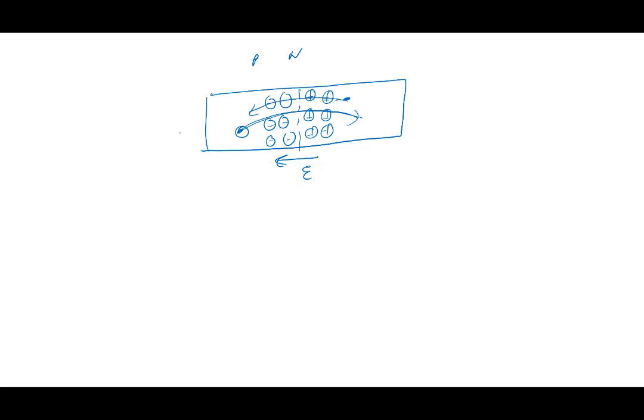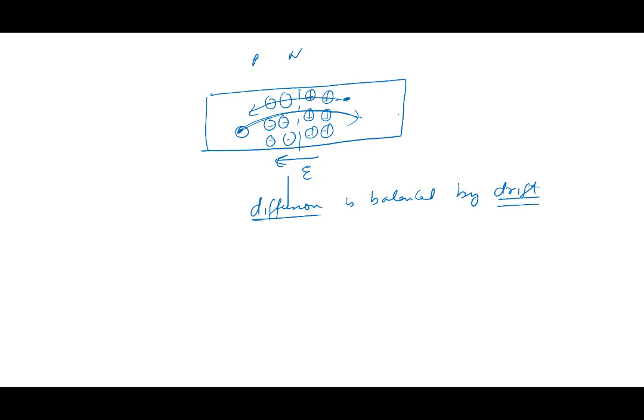So eventually equilibrium is reached, where the diffusion is balanced by drift. These two processes balance each other. The electric field tries to prevent diffusion from occurring. The gradient wants to push the electrons towards the other side, and the two balance each other.